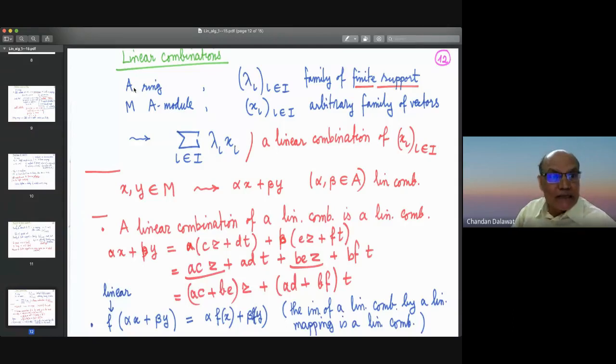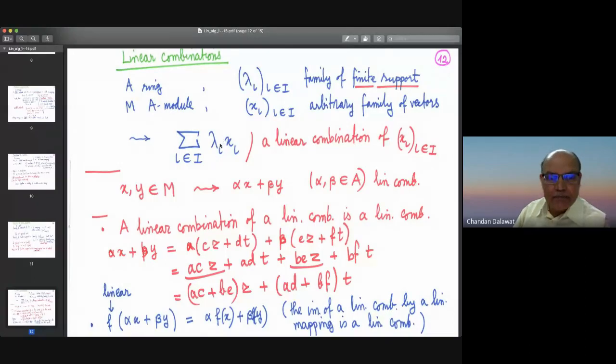So what you have is a ring A and an A module M. And you have a family of elements X iota, iota in I, indexed by some set I, of this module M. A linear combination of this family is any element for which there's a family of finite support of elements of A, lambda iota in the same I, such that when I multiply these lambda iotas with X iotas for every iota and take the sum, I can take the sum because almost all these lambda iotas are 0, so only finitely many terms are different from 0.